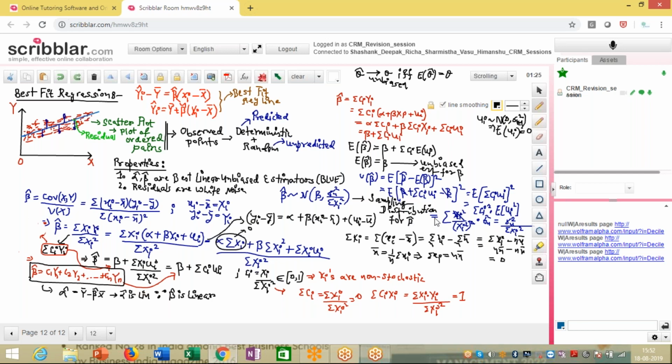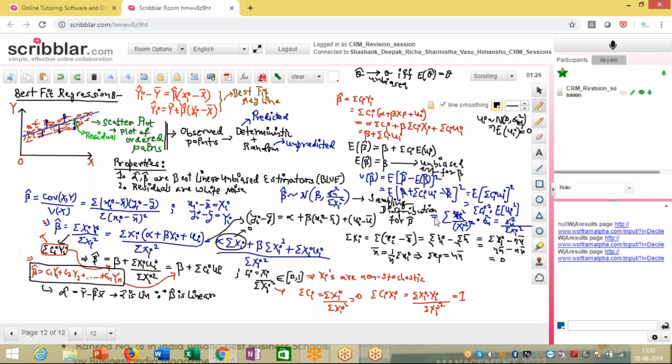Right? So over here, when I want to do the test, one thing that you can clearly see is that this beta hat, the estimator that we are talking about, follows a normal distribution. Now, what ensures that beta hat follows a normal distribution? It is the white noise error term. The fact that the variance of ui is constant, sigma squared u, ensures that the variance of beta hat is constant, and hence beta hat follows a normal distribution with mean beta and variance sigma squared u by summation xi squared.